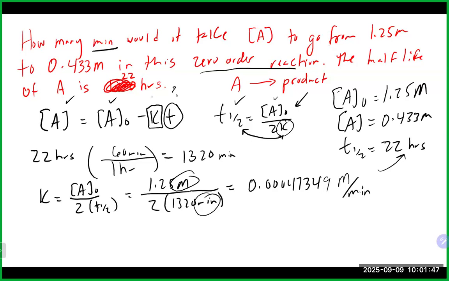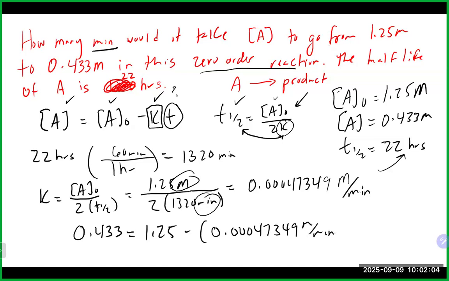And that's now going to give me the missing piece that I need. So pop in my numbers: 0.433 equals 1.25 minus our rate constant we just found, molar per minute, times our time. I didn't do too much rounding here.